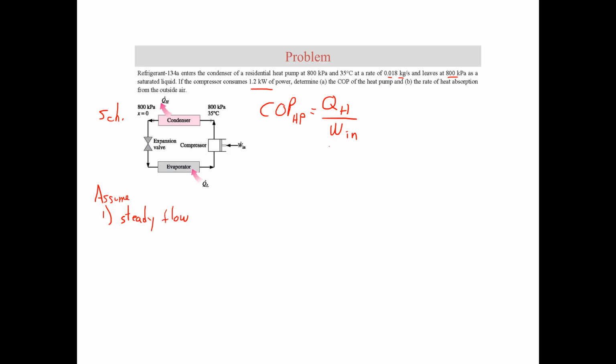So in order to find out what the heat rejected from the condenser is, that's the heat being rejected from the cycle, I should go ahead and do a first law analysis around the condenser.